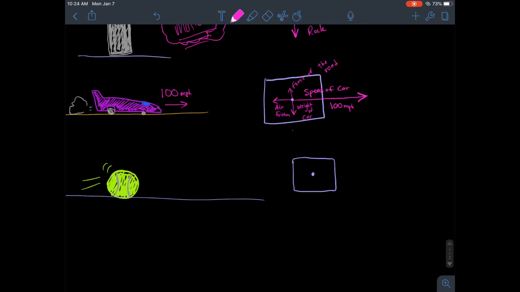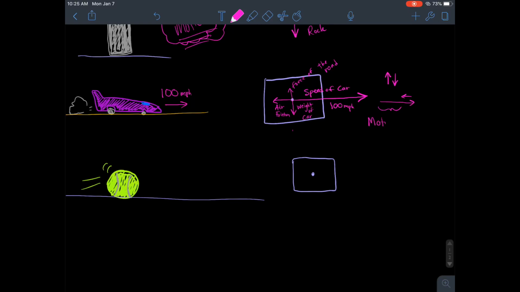So if we were to then add up all of these arrows, we could say that there's an upward force and a downward force, which cause there to be no motion in the up and down direction because those are equal. But if we compare the forward direction with the backwards direction, you can see there's a lot more forward direction than there's backward direction. So the overall direction is to the right.